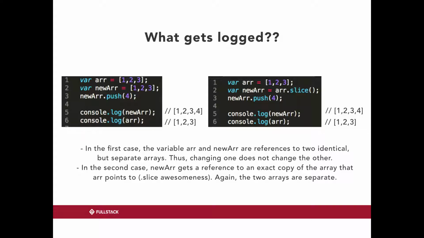This is what happens when we don't pass by reference, when we pass by value. Very important here. What I just described in the first example was pass by reference. When you pass by value, like we're doing with arr.slice, what's actually happening is we're creating a copy of this.